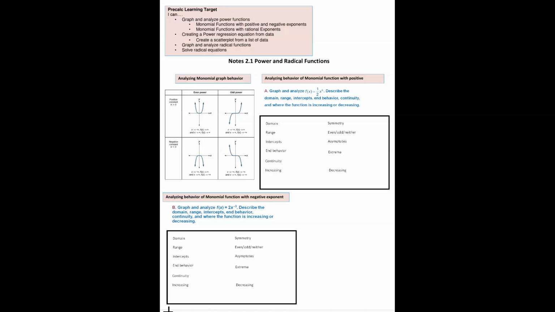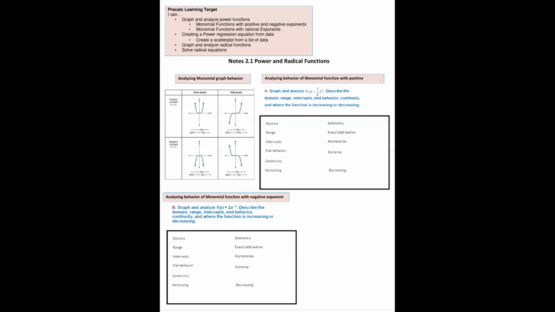A lot of the times I have an idea of what they look like, but I would guess, but if you graph them on Desmos or some other function, you'll be able to see a visual picture and see what it looks like. So you'll be able to answer these questions probably much quicker.